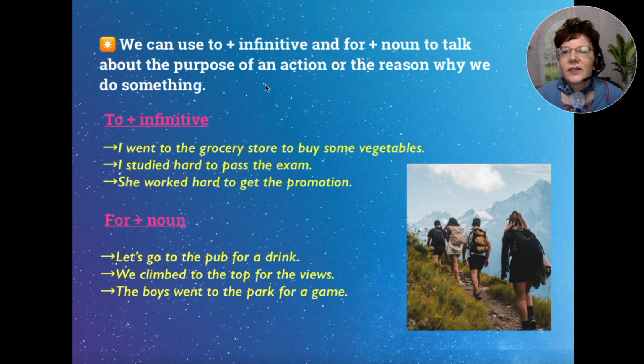All right, so we can use to plus an infinitive and for plus a noun to talk about the purpose of an action or the reason why we do something. So, to and an infinitive, I went to the grocery store to buy some vegetables. So that's the purpose, the reason why I went to the grocery store.